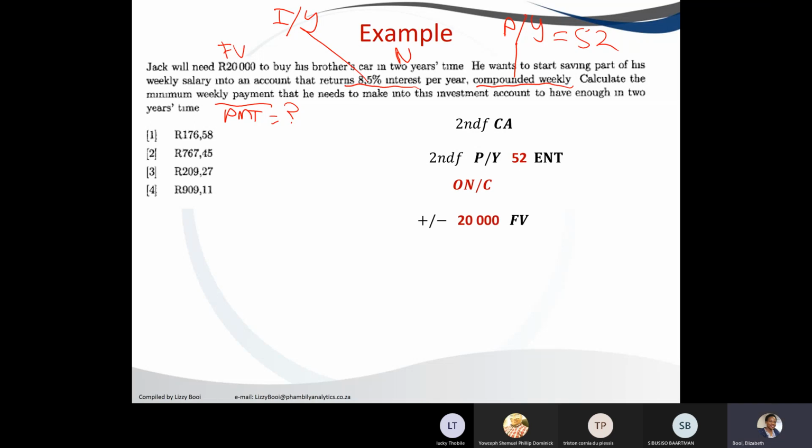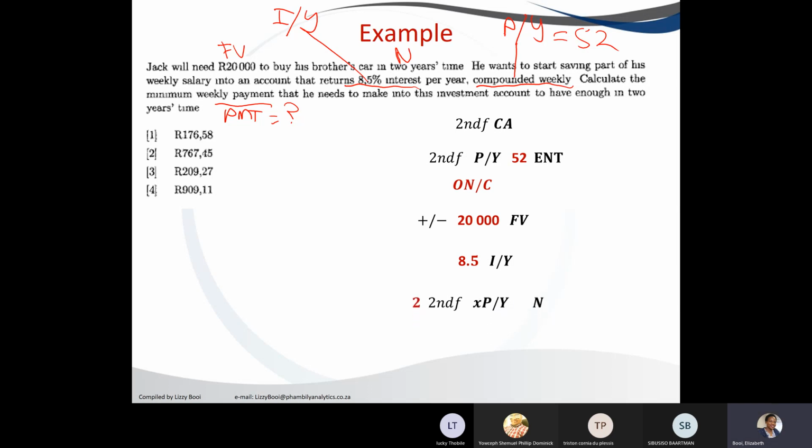We press plus or minus with the value of 20,000, and then we press the FV, because this is the future value of the question that we are given. Then we can put in the interest, which is 8.5, and then press the I/Y button.